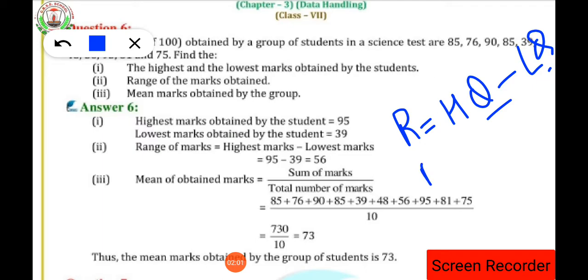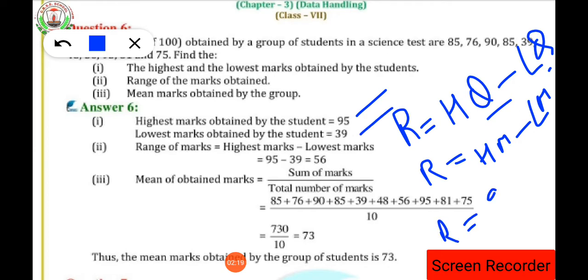So here the formula for the range is highest mark minus lowest mark. The highest marks is 95 and the lowest marks is 39. So for finding the range, highest mark 95 minus lowest mark 39 will be subtracted. So range will be equal to 56.